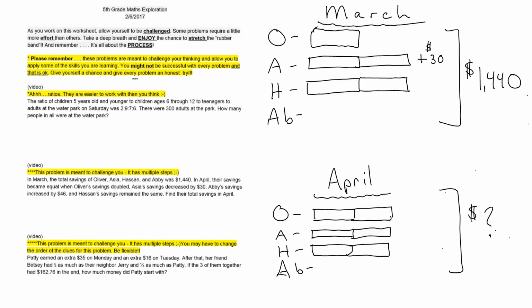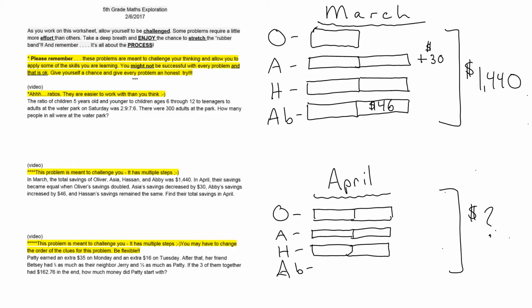It says that Abby increased by 46. Now when I was solving this the first time, I was like, okay, well, if she had 1 unit and she increased by 46, it must look something like that. Now, that makes it look like, though, that all these units are going to be 46.